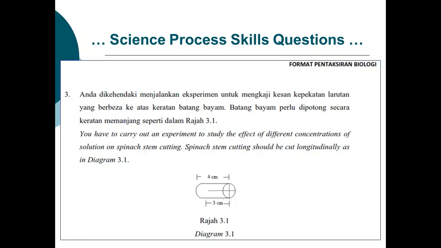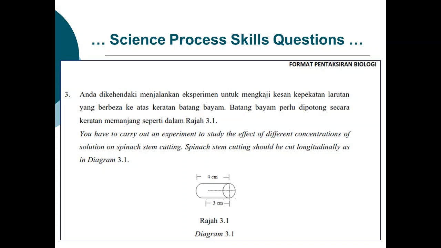Spinach stem cutting should be cut longitudinally as in diagram 3.1. Are you able to find out the MV, manipulative variable, RV, responding variable, and CV, constant variable, from the information given here? Please try.